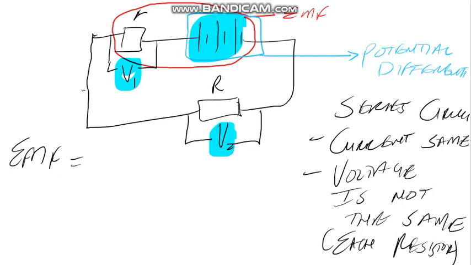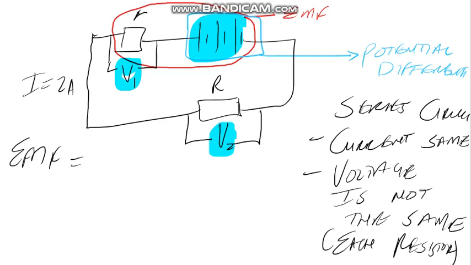So let's say the current in this circuit, I, is equal to 2 amps. The current will be the same for small r, your internal resistance, and also the bigger R. It will be the same throughout, for everything.